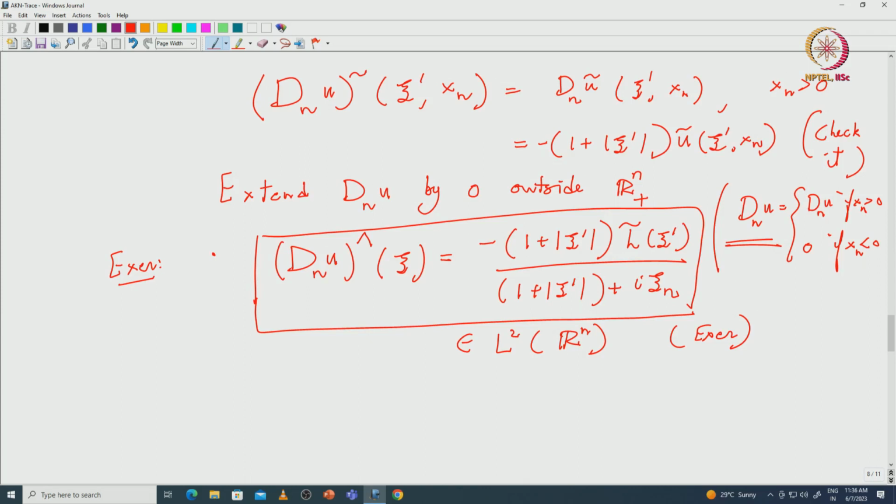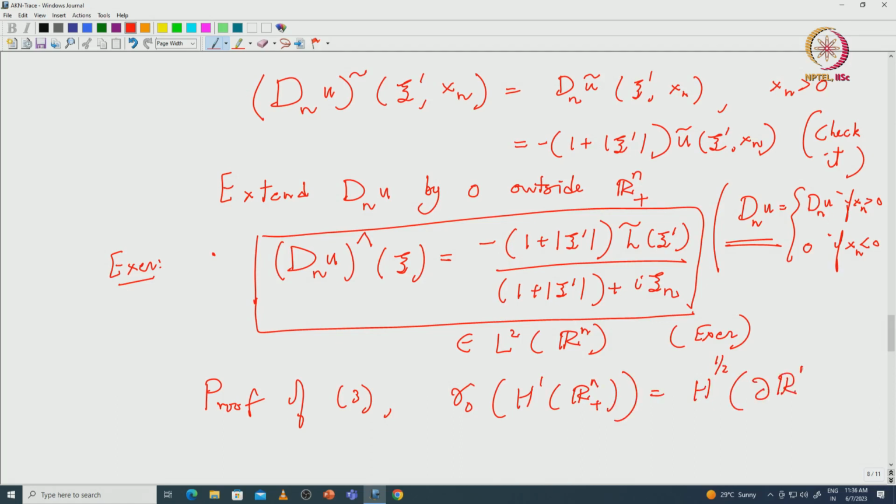All right. And we have already seen that, so the third part is proved. So the proof of 3, that is, gamma naught of H1 of R^n plus equal to H half of the boundary of R^n plus, is complete.